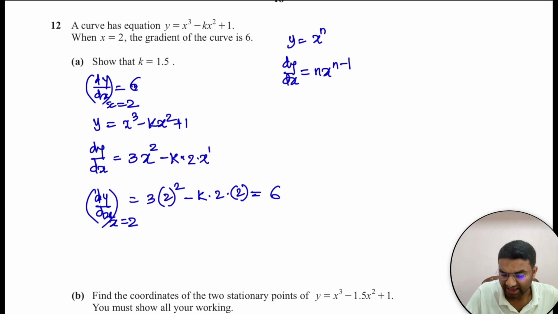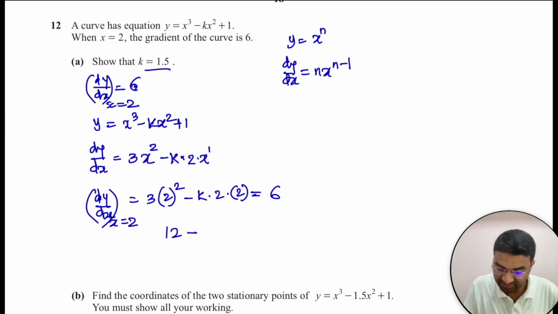You will get k is equal to 1.5. So 3 times 4 is 12, minus 4k is equal to 6. Transfer 6 to the left and 4k to the right.